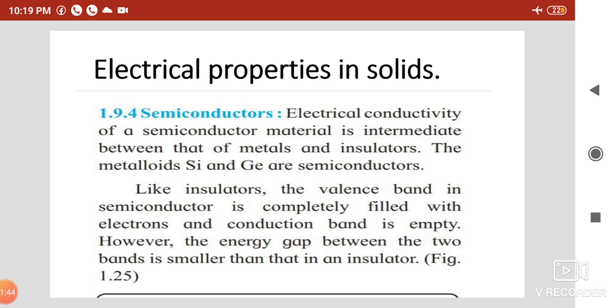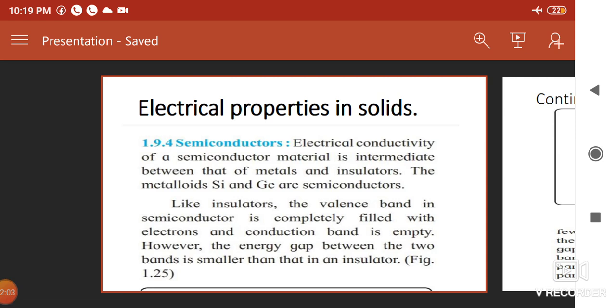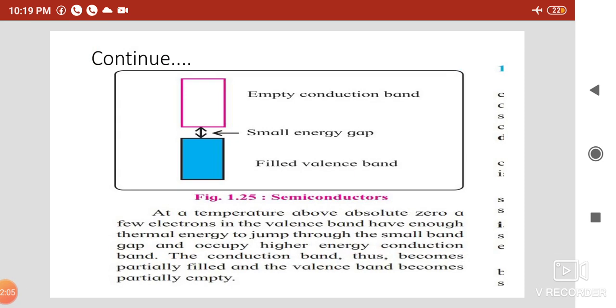Like insulators, the valence band in a semiconductor is completely filled while the conduction band is empty. Then there is a small energy gap between the conduction band and the valence band. You can see in the figure, there is a small gap between the conduction band and the valence band.